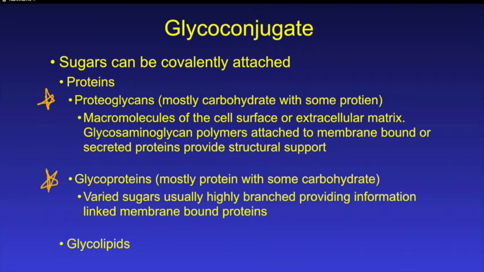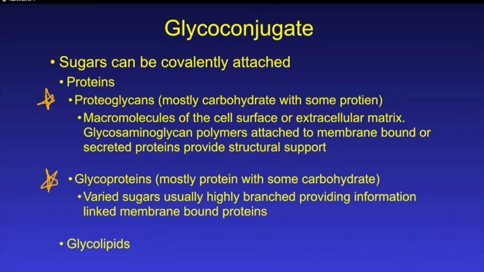The sugars that are attached to these proteins are highly branched and variable. The three-dimensional structures of these sugars put together create unique shapes to which recognizing proteins bind. What we're doing is placing information on the outside of the cell so that it can be recognized, and that allows two entities to come together and bond. It's kind of like an address.